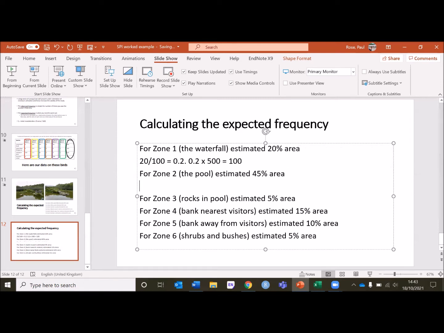Let's do it again for the second zone. Estimated percentage of 45% out of the total of 100% gives us 0.45. Multiplied by the number of minutes in the overall sample time, which is 500, gives us an expected frequency in the second zone of 225 minutes.